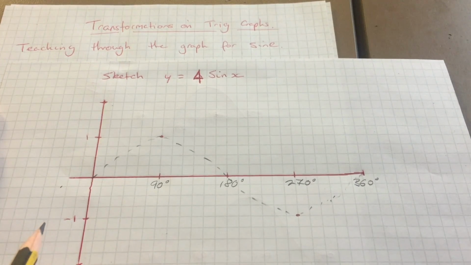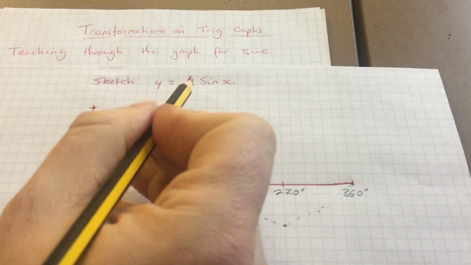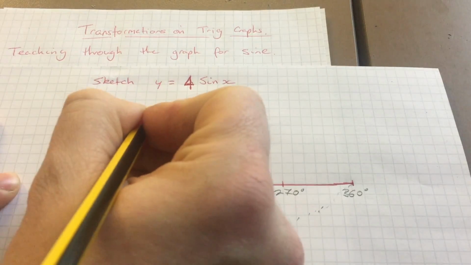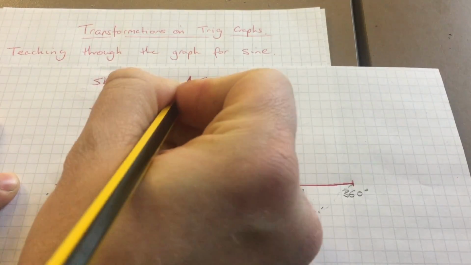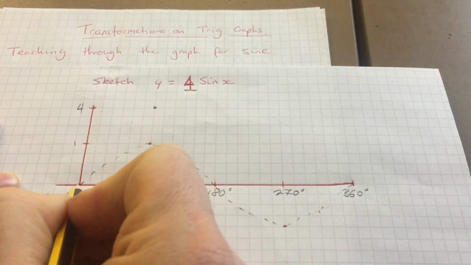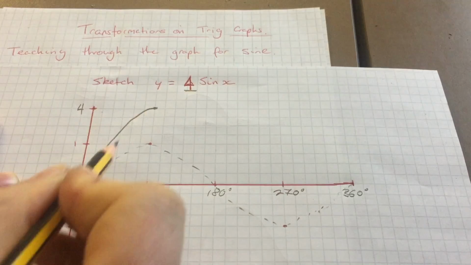So we're now going to look at what happens if we have y equals 4 sine x. What we do is we go up to a height of 4, and then back down.